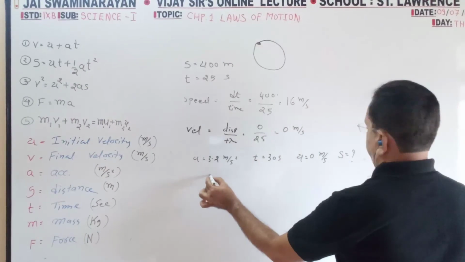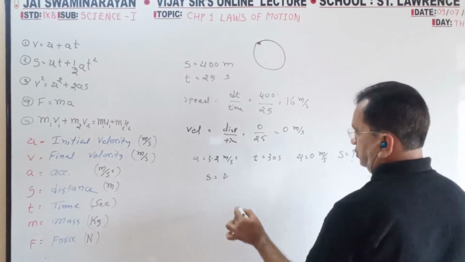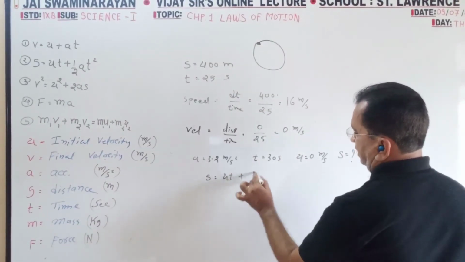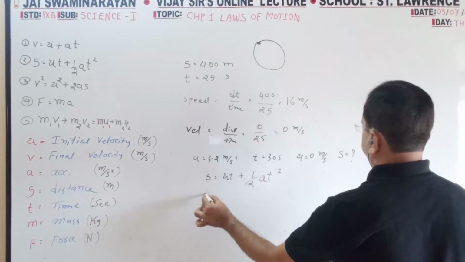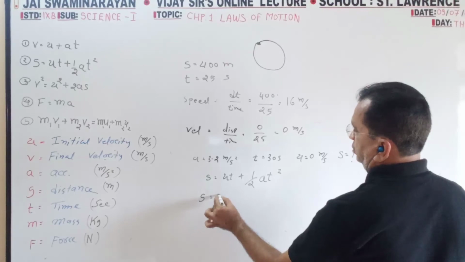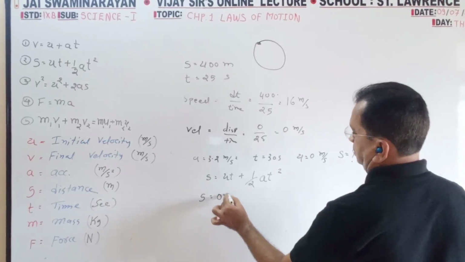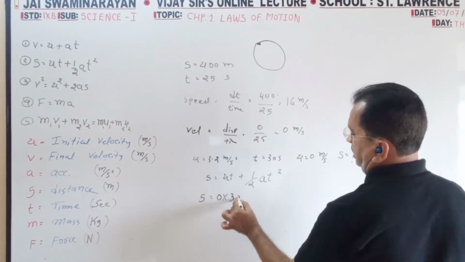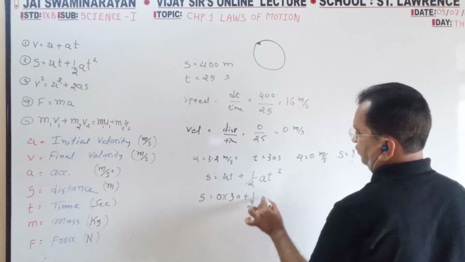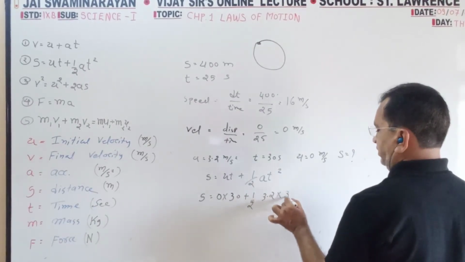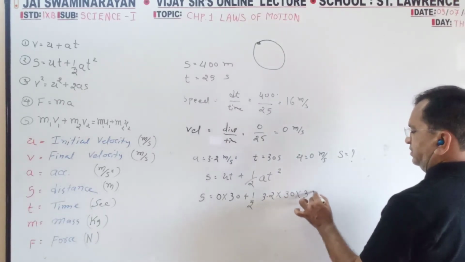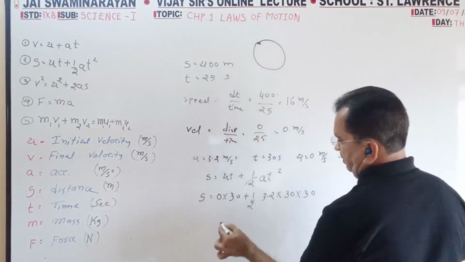So s is equal to ut plus half at square. u is 0.